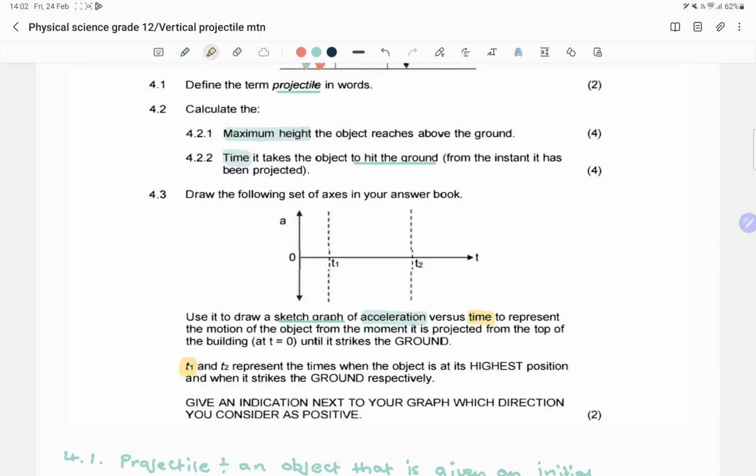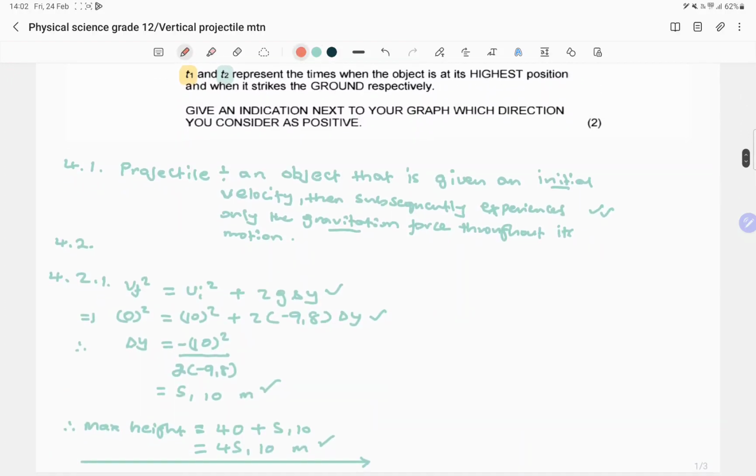So now T1 and T2 represent the times when the object is at its highest position and when it strikes the ground respectively. Okay, that is maximum height, that's when it strikes the ground. Give an indication next to your graph which direction you consider as positive. Okay, we know acceleration is constant, so we're not going to panic.